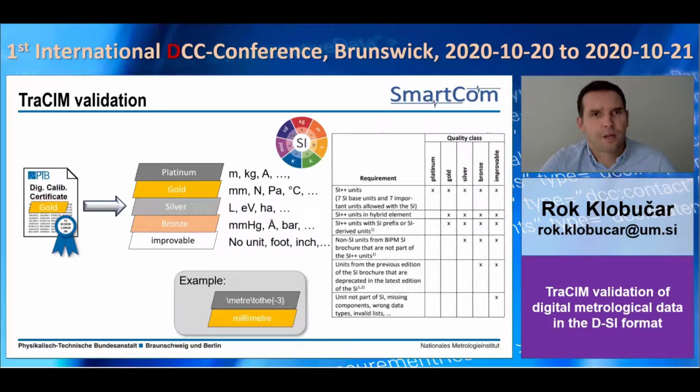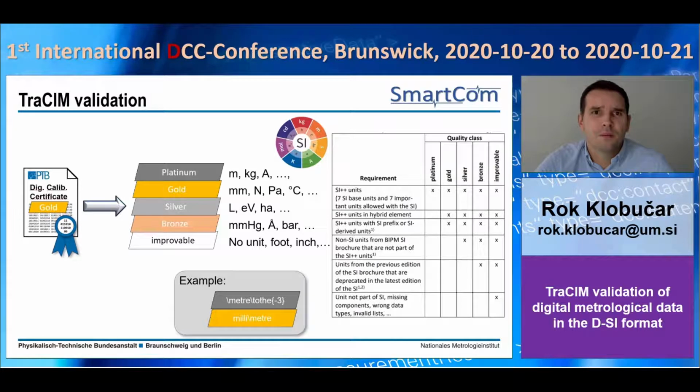One more explanation. On the left side, we have a digital calibration certificate with a gold medal, an expression of different medals. Gold medal means that there are not only base SI units in this digital document.